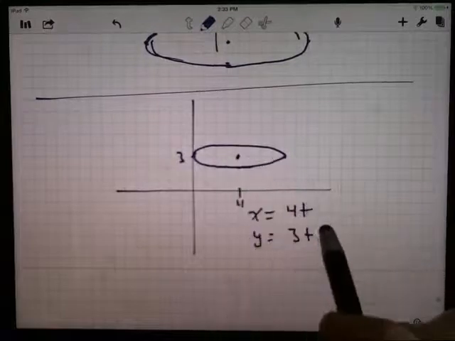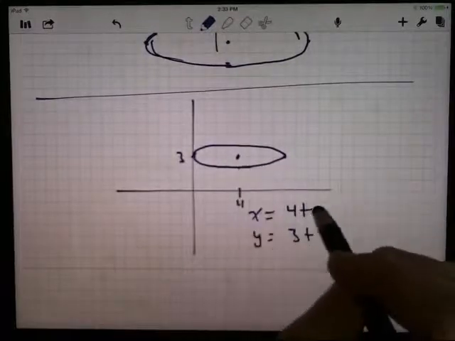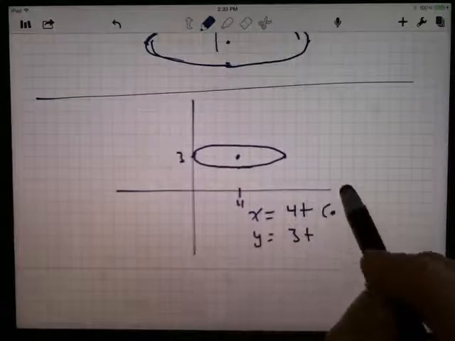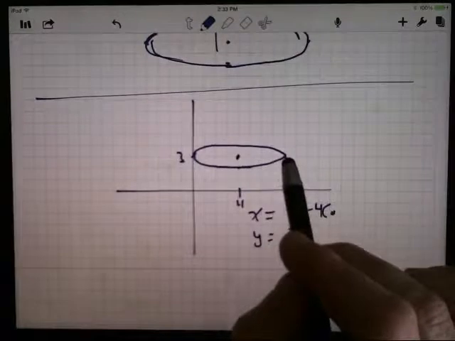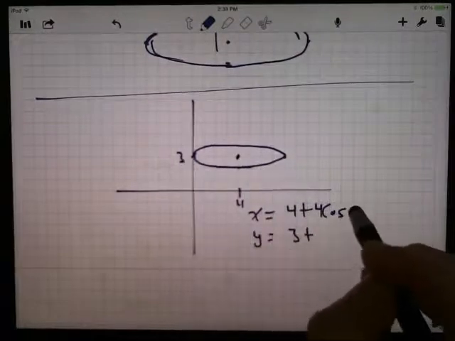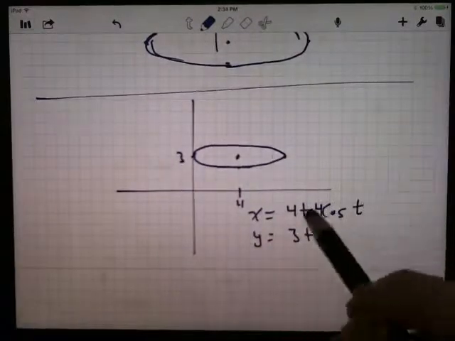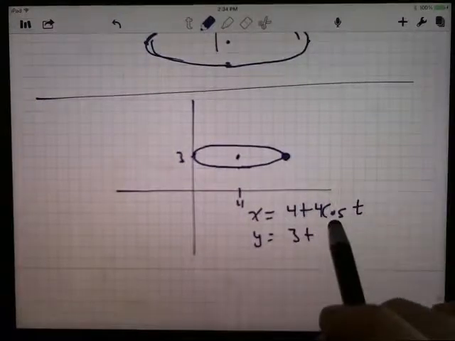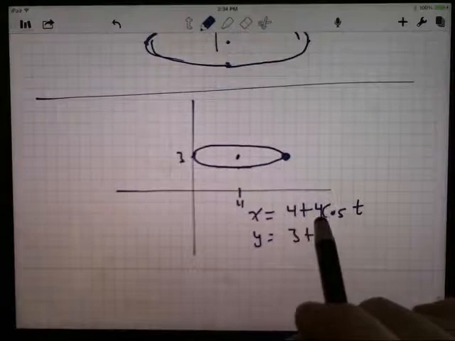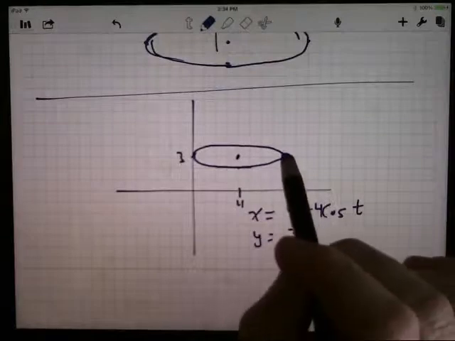The sine, let me see. If I use cosine for x, I have to have amplitude 4, because I need to get all the way up to 8 and all the way down to 0. So if I do 4 cos t, then that's going to start me off over here, because at time 0, cosine of 0 is 1, so 4 plus 4 is 8. That's as big as possible.